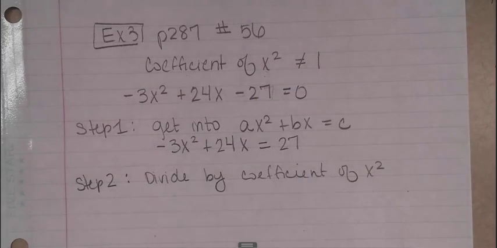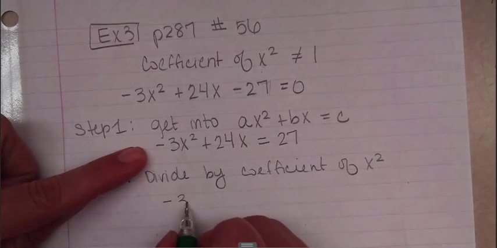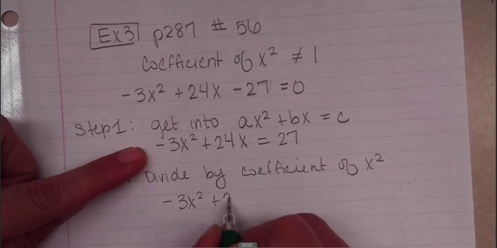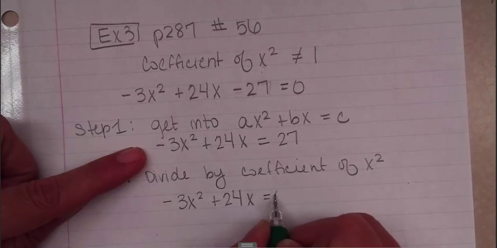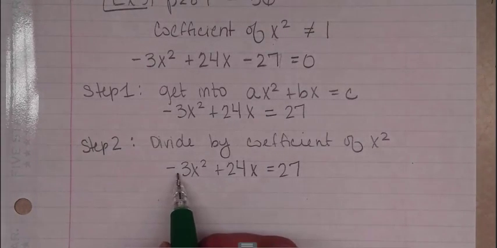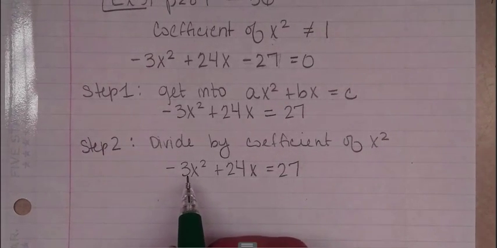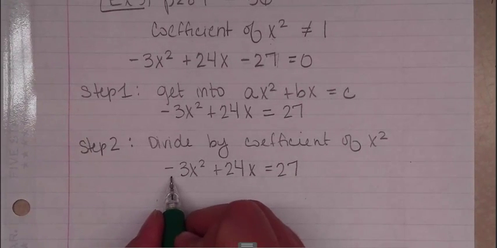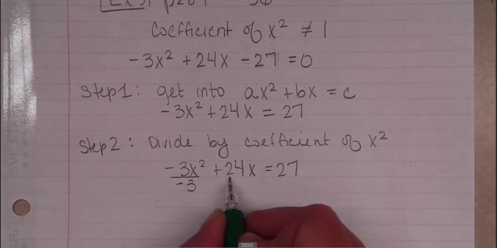So you have to divide everything by that coefficient. So I'm going to rewrite this. Negative 3x squared plus 24x equals 27. We cannot have a being negative 3. It needs to be 1.